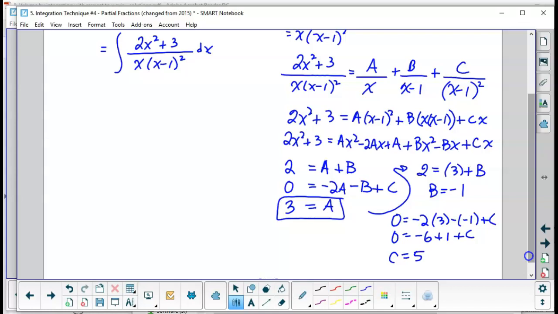Okay. Then let's split it up. So this is going to be integral of a is 3, so 3 over x dx plus the integral b is negative 1. I'm going to keep it there for right now. And then c.